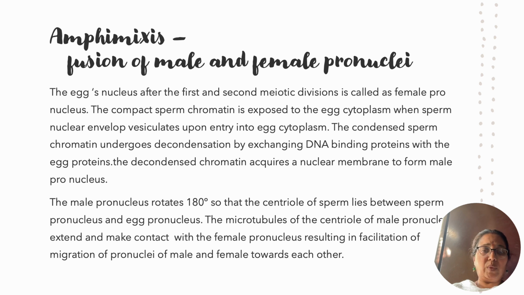The male pronucleus rotates 180 degrees so that the centriole of the sperm lies between the sperm pronucleus and the egg pronucleus. The microtubules of the centriole of the male pronucleus extend and make contact with the female pronucleus, facilitating migration of the male and female pronuclei towards each other.